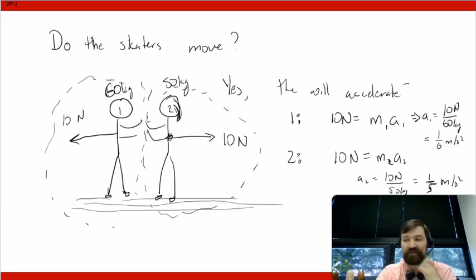Newton's second law says that if there is a net non-zero force on an object or system, then that object or system will accelerate according to F equals ma. Newton's third law basically says if you have two objects that interact, in other words, if some object applies a force to some other object, they form a system, and within that system you have a Newton's third law pair, which within the system cancels.